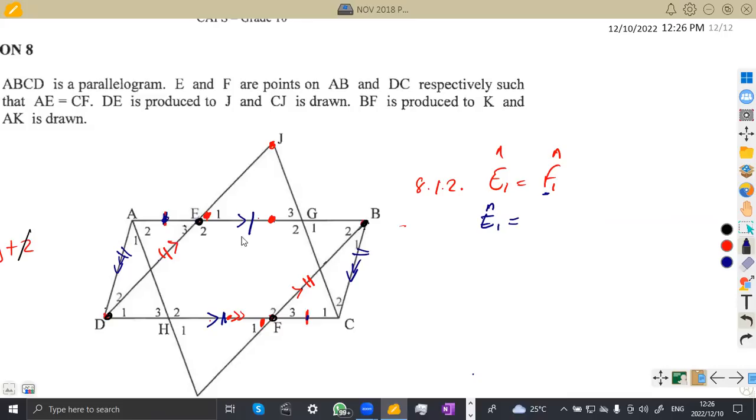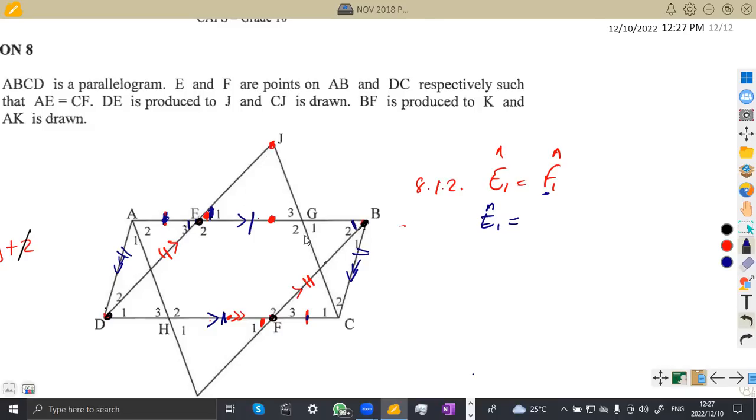E1 here is also equal to E3 from the vertically opposite angles. The same E1 that we have here, if we take note of the parallel lines that we have, is going to give us the angle that we have at D1 here.